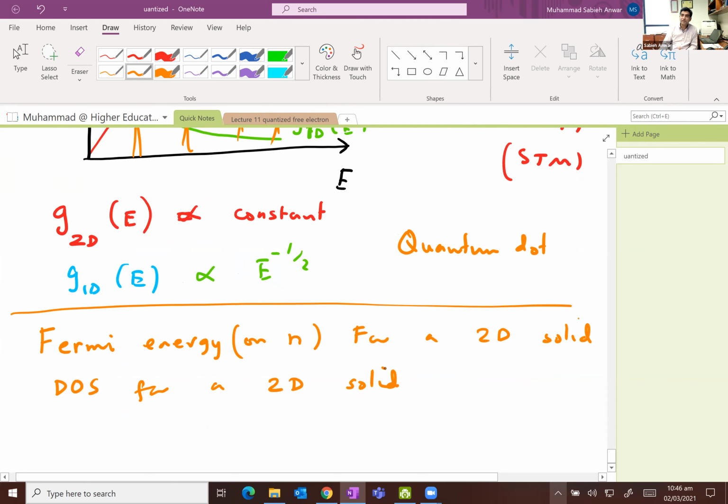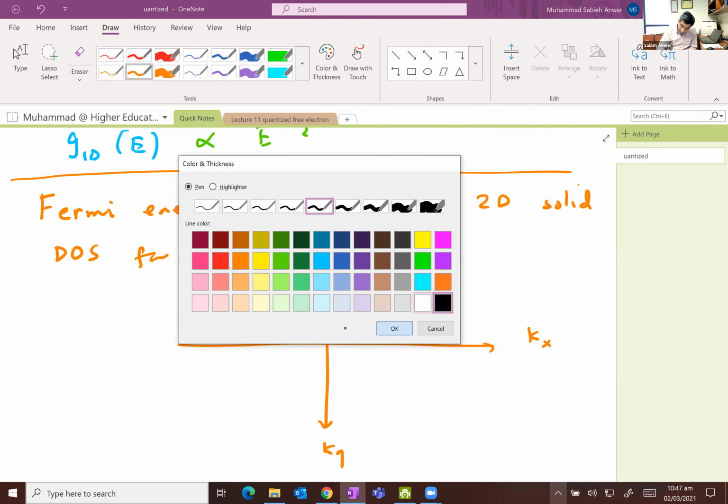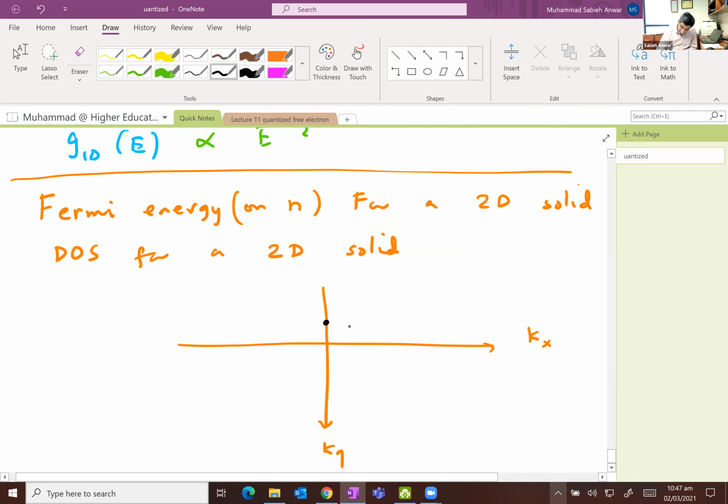Now, what you would do is draw a two-dimensional k space, say kx is this axis, ky is here. You would draw the k points in two dimensions. You don't worry about the third dimension because the third dimension doesn't really exist.